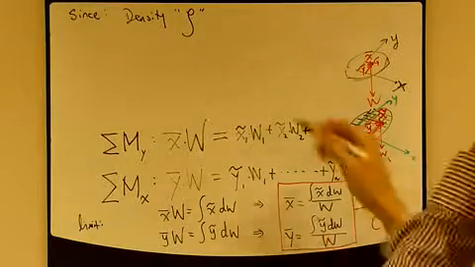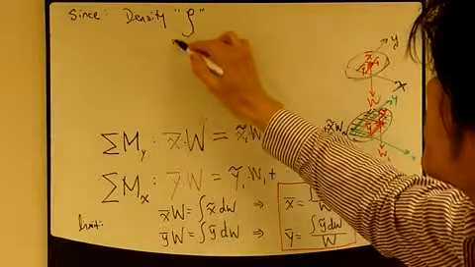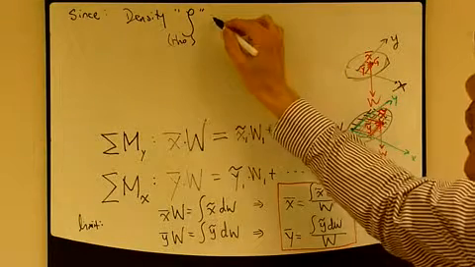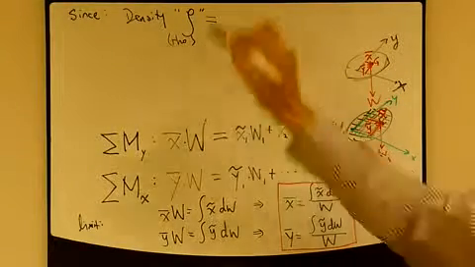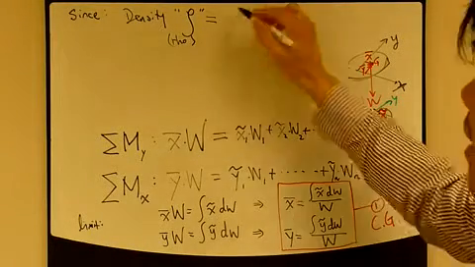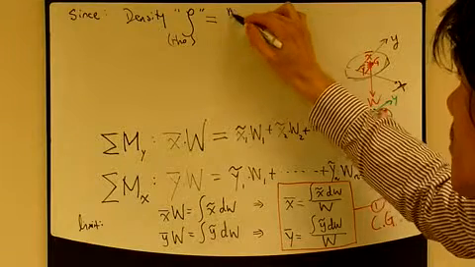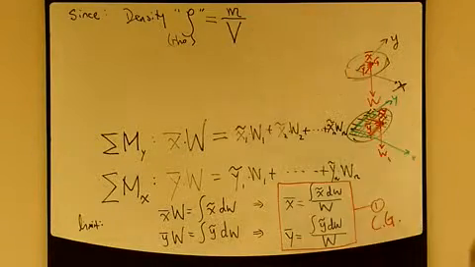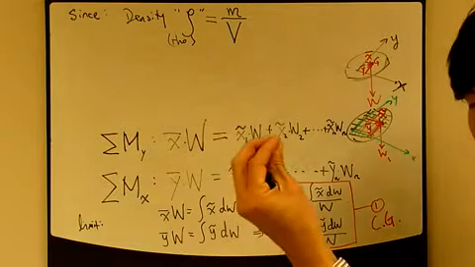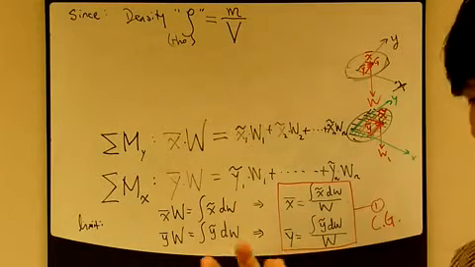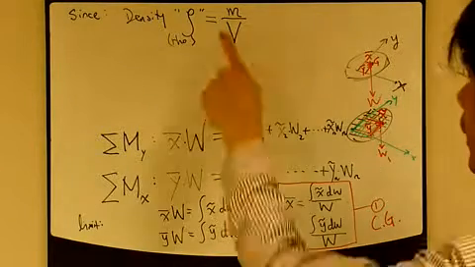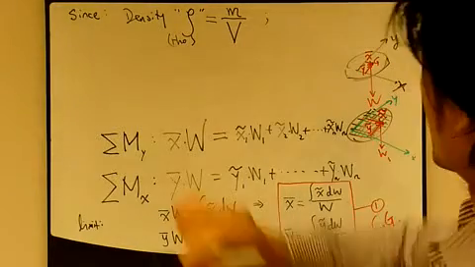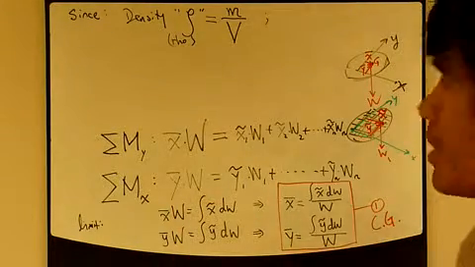Now rho is defined as mass divided by volume. How much mass a certain volume contains. That's how density is defined.